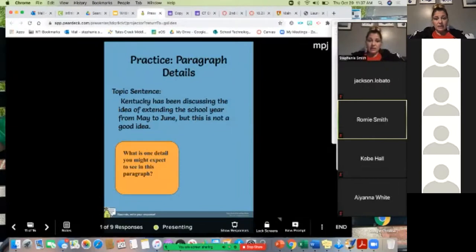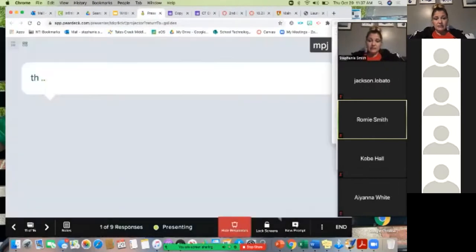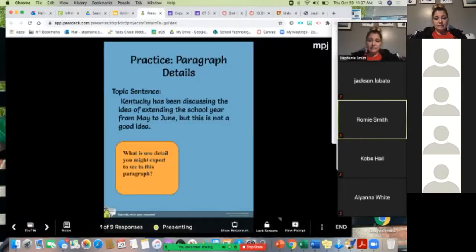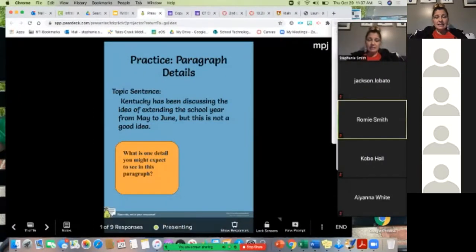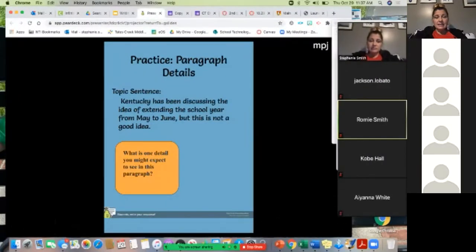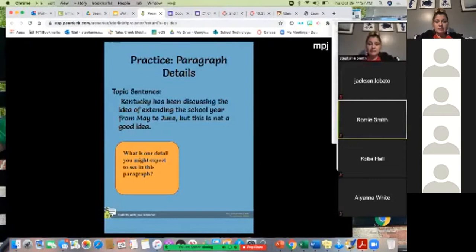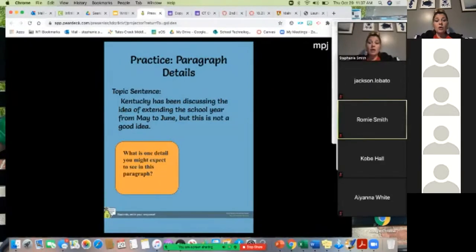It's not a good idea. So what is a detail sentence you might expect to find in this paragraph? A detail expressing why it's not a good idea to extend the school year.